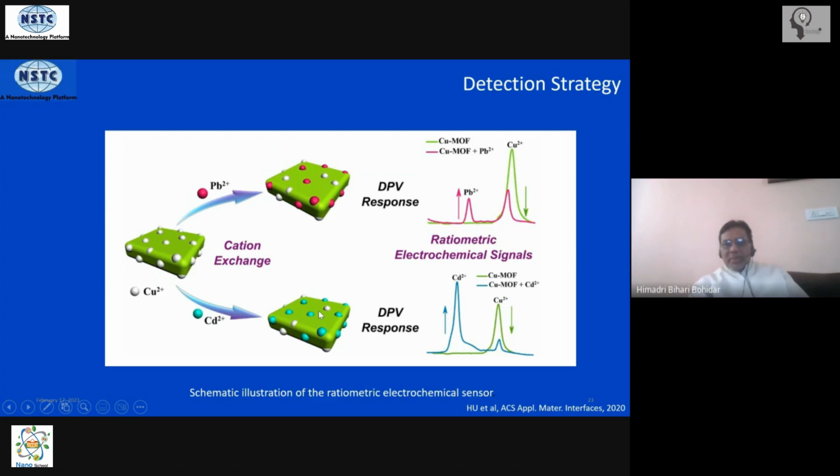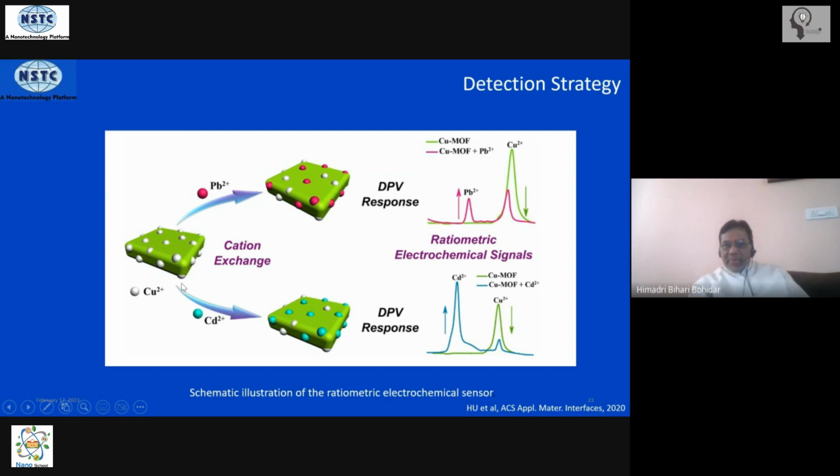I'll do a cyclic voltammetry again and look at the current voltage response. You see here that there is a response signal corresponding to lead. There is also a response signal corresponding to the copper. So there is a substrate signal and there is a sample signal. With the increase in the concentration of the lead in this ion exchange reaction, this signal strength will increase, this signal strength will decrease.